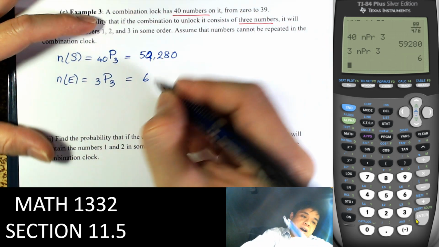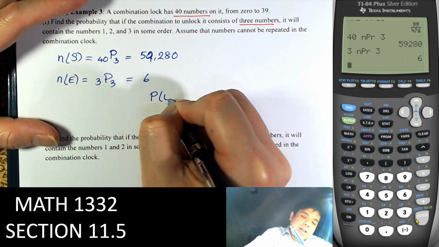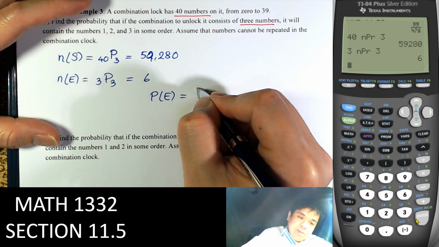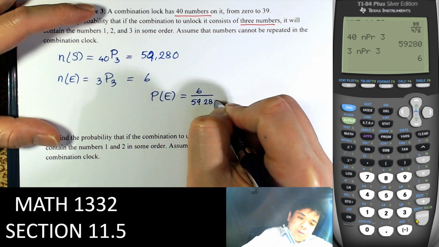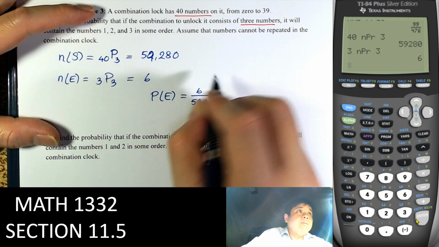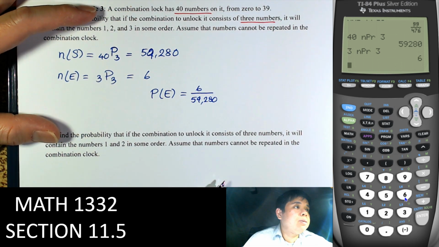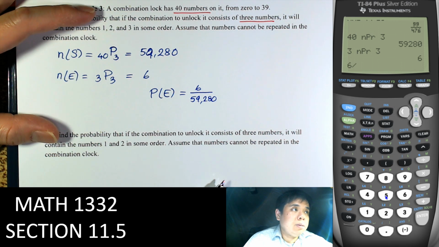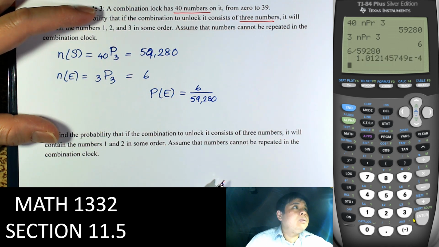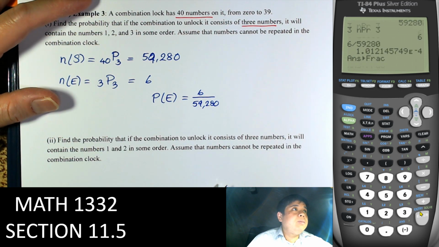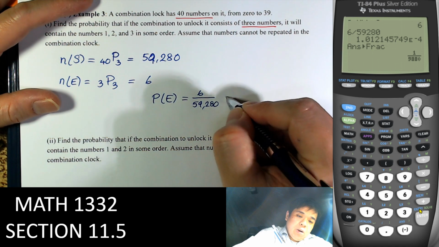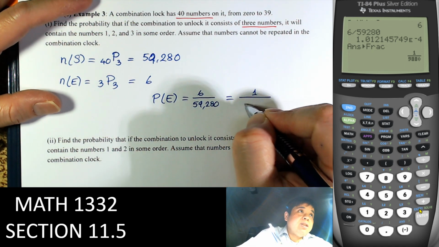And then we just divide them to get the probability of that event. Right. A very small number, almost 1 out of 10,000.